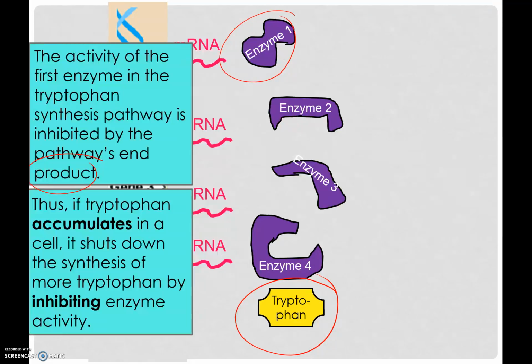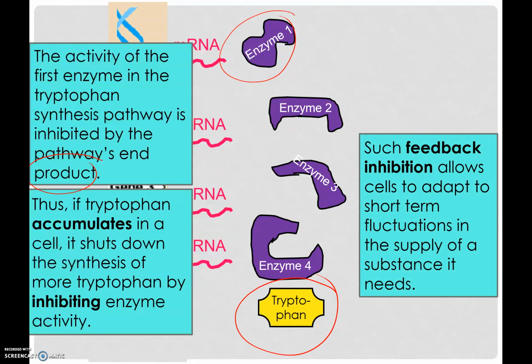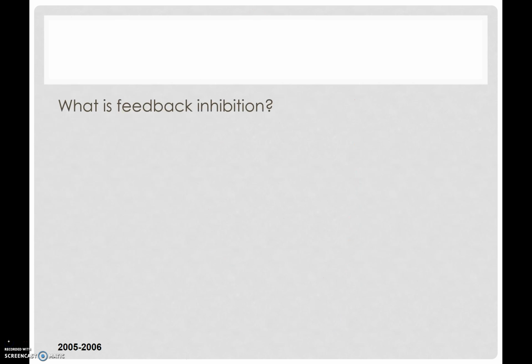Thus, if tryptophan accumulates in a cell, it shuts down the synthesis of more tryptophan by inhibiting enzyme activity. Such feedback inhibition, because this feeds back and inhibits, allows cells to adapt to short-term fluctuations in the supply of a substance it needs. Okay, so if you're my student, go ahead and describe what feedback inhibition is in your box number 1.